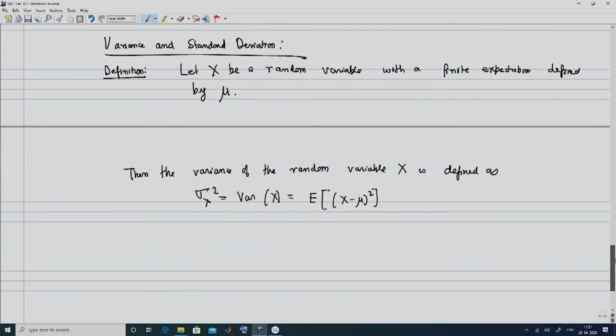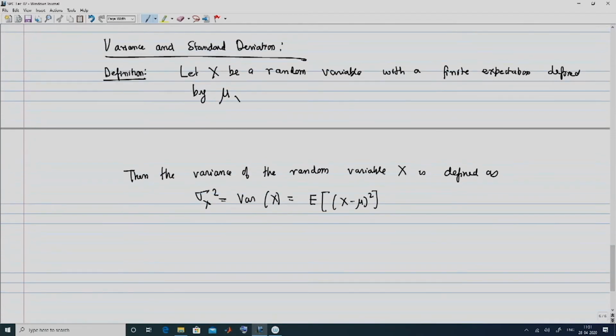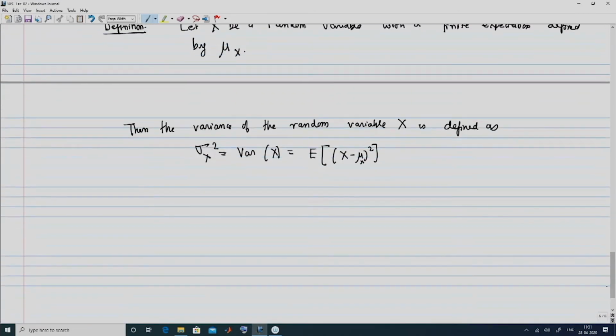Actually, let us define this by mu subscript x, so that there is no ambiguity, just to identify that this is the finite mean of the random variable x.